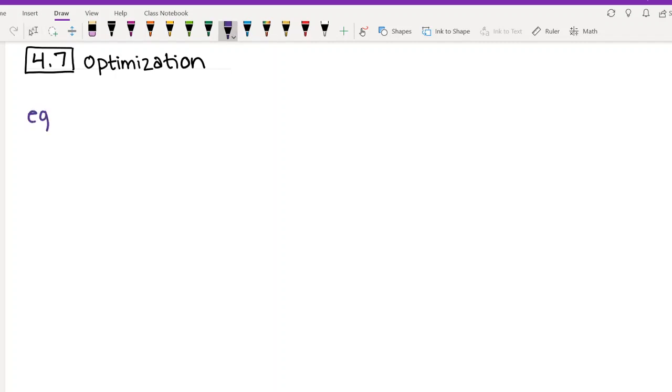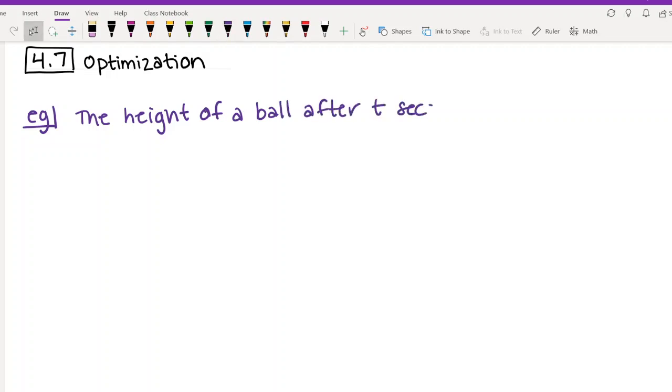So let's say that you threw a ball up in the air, and the height of the ball after t seconds is given by the function h of t equals negative 2t squared plus 6t plus 5. And if you've taken any physics, you'll know that this is not an accurate equation for throwing a ball up in the air, at least not on the planet Earth, but let's forget about that for now.